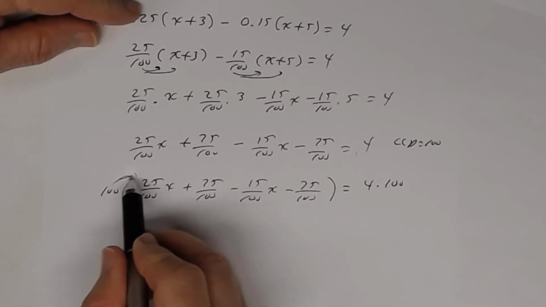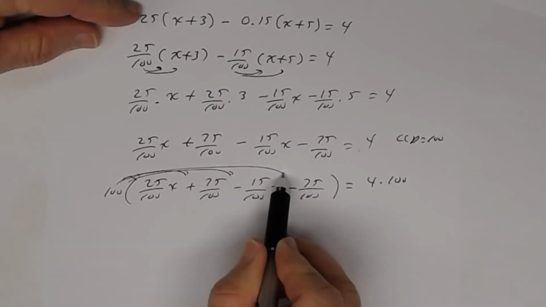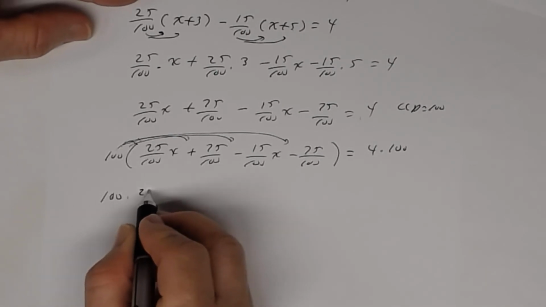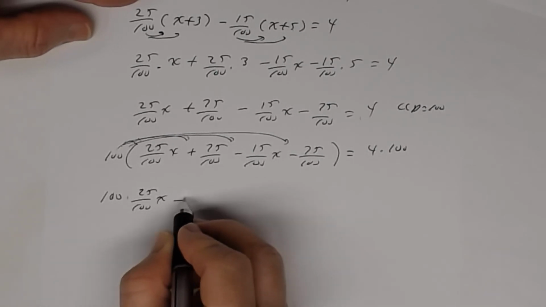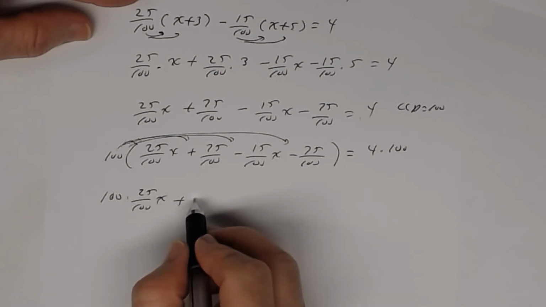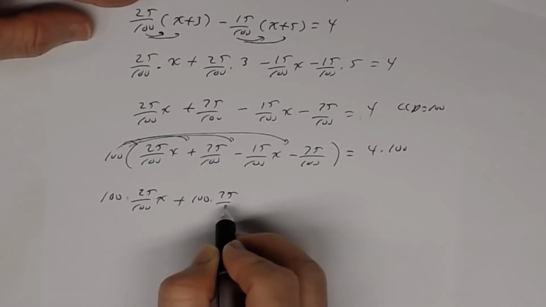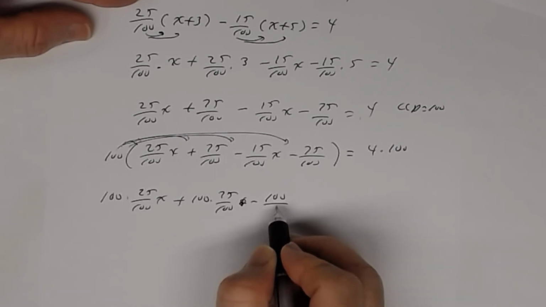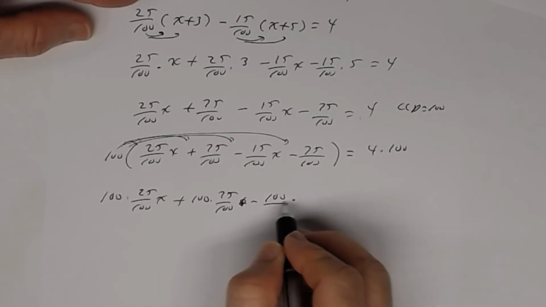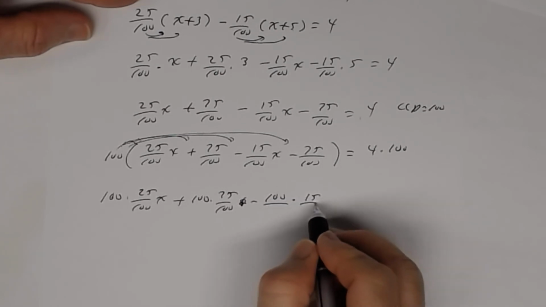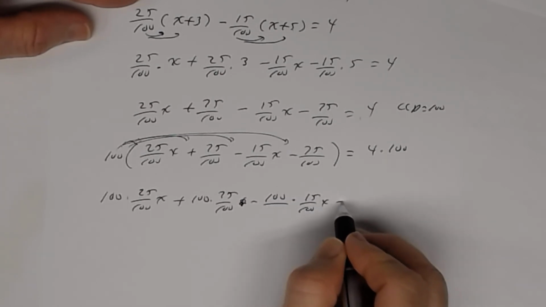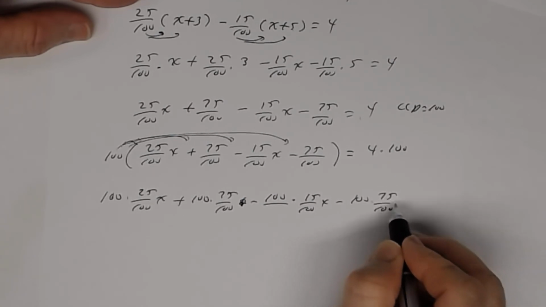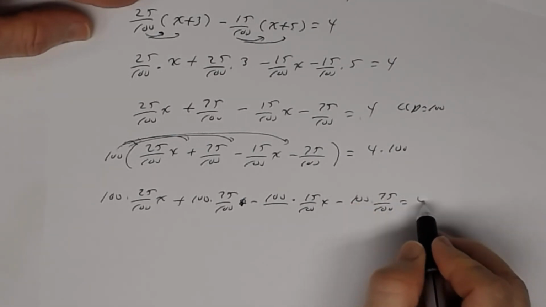All right, now let's look at what we have. So I'm going to go ahead and distribute like this. I'm going to write it out. So I'm going to get 100 times 25 over 100x plus 100 times the second fraction, 75 over 100, minus 100 times 15 over 100x, and then minus 100 times 75 over 100, equal, and then 4 times 100 is 400.